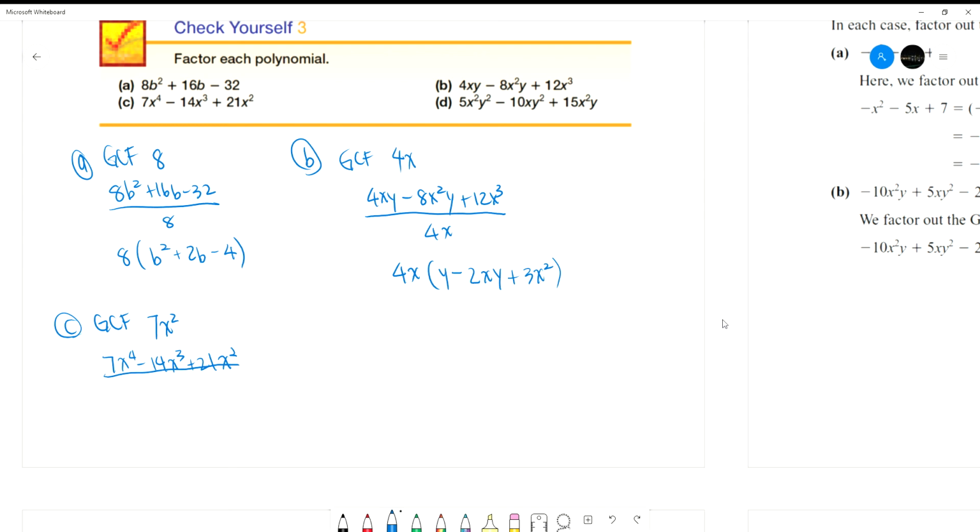We divide it by the GCF 7x squared. So we have 7x squared times parentheses. We have x squared. Second term is minus. Don't forget this minus here. It's very important. So it's minus 2x. And the last term is plus 3. Any questions?